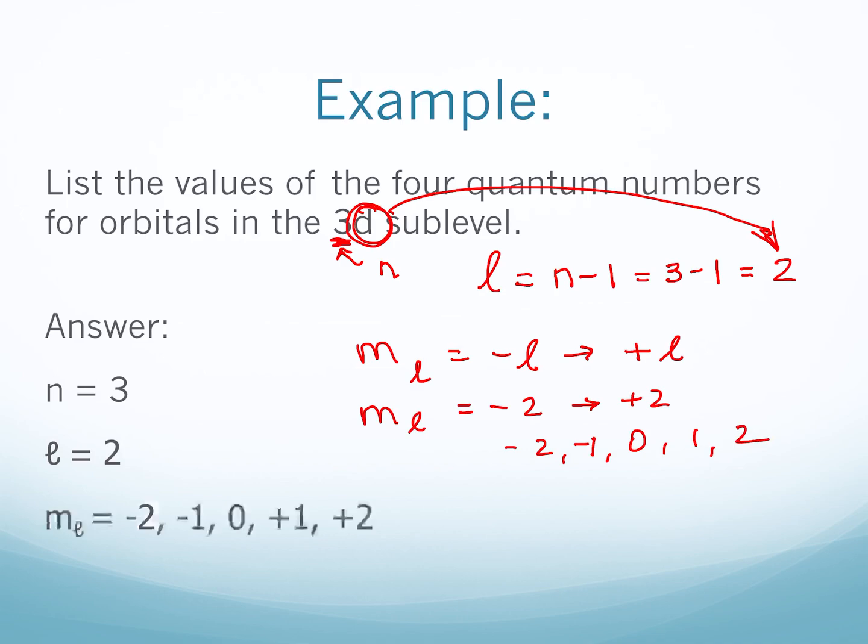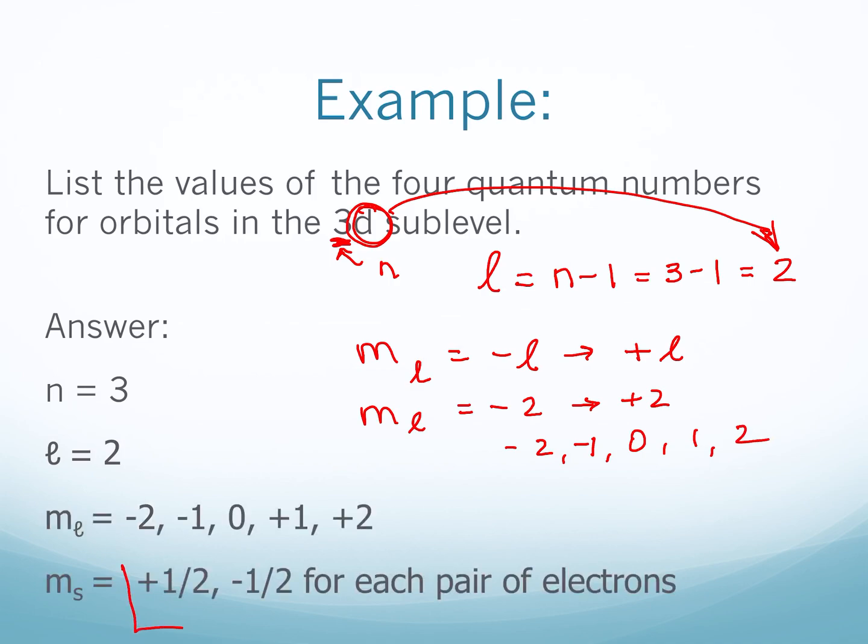And again, you only have 2 options for m sub s, and you're always just going to write both of them: plus 1/2 and minus 1/2 every single time. This is not going to change. It's going to be the same for every set that you're writing. The top 3 can change, but that one is not going to change.